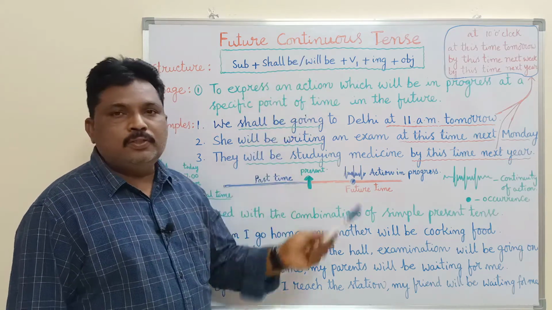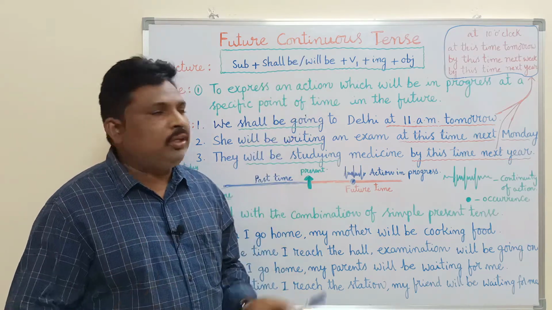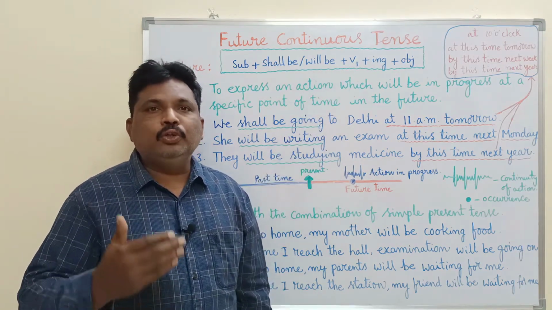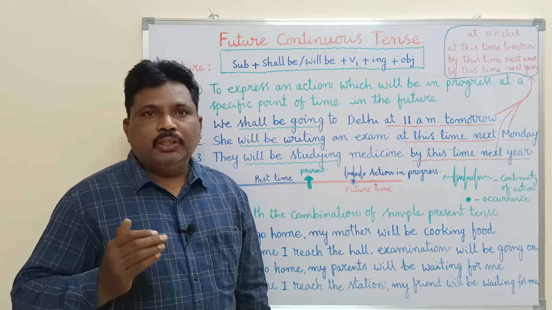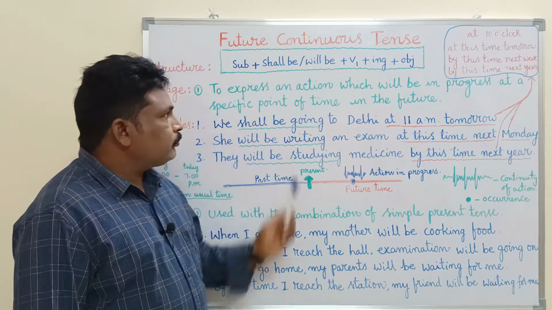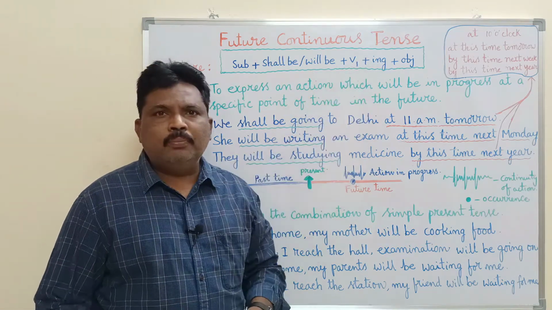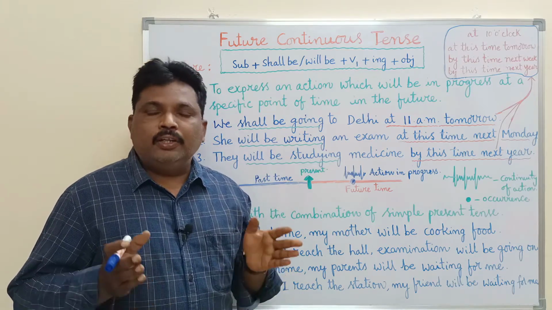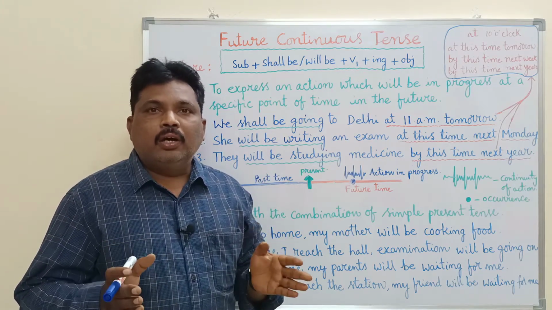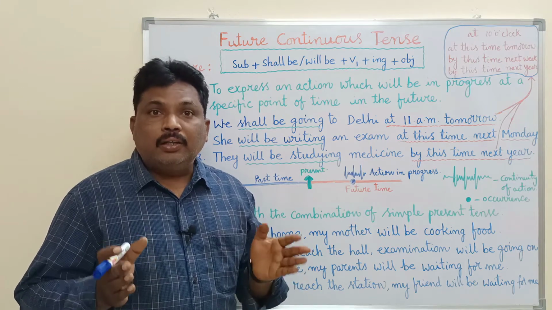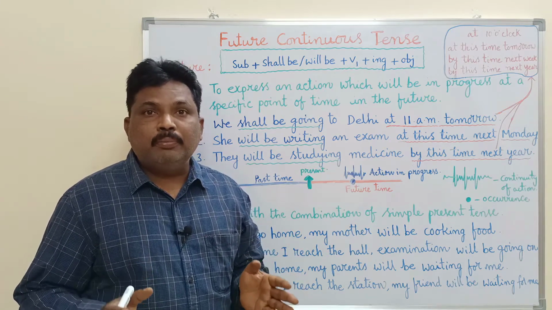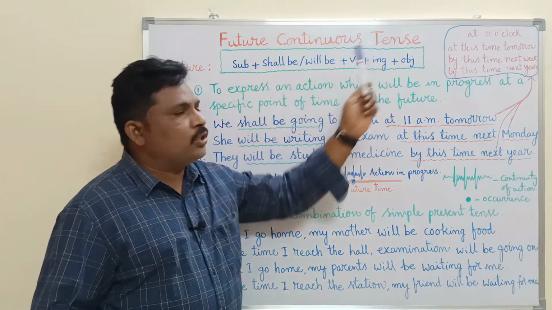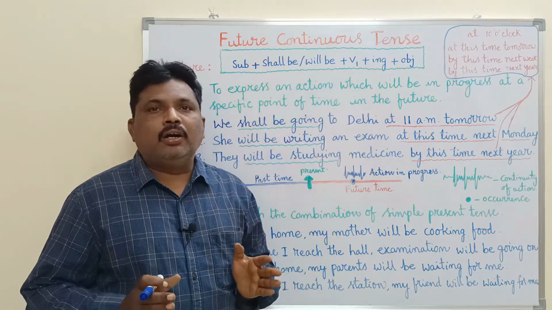Shall be is used with I and we, and will be is used with the remaining persons like you, he, she, it and they. And V1 plus ing is quite common in all continuous tenses. In the previous videos, we have understood where V1 plus ing is used in all continuous tenses. And subject and object are common in all structures.